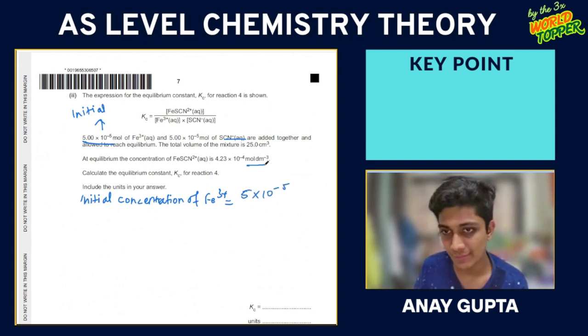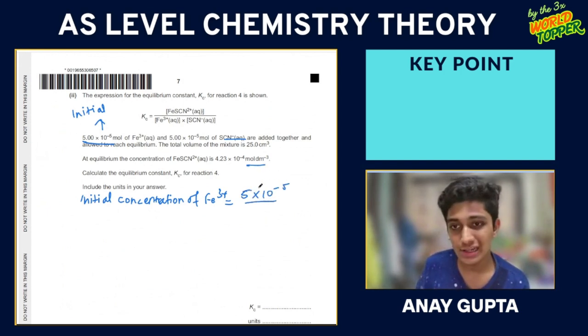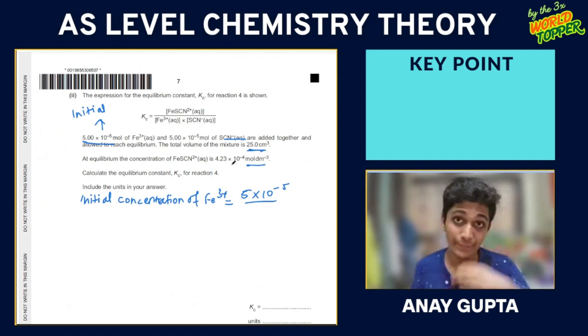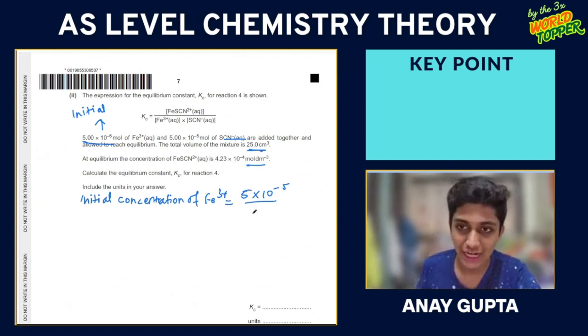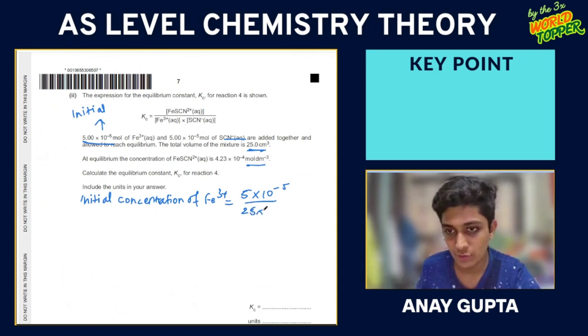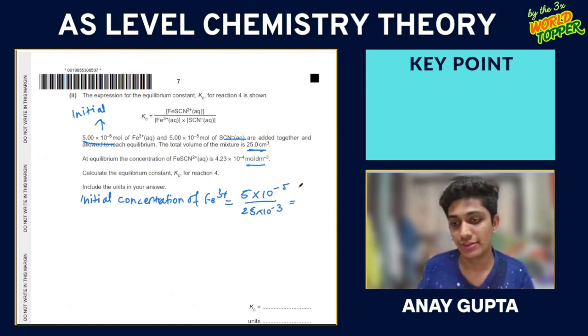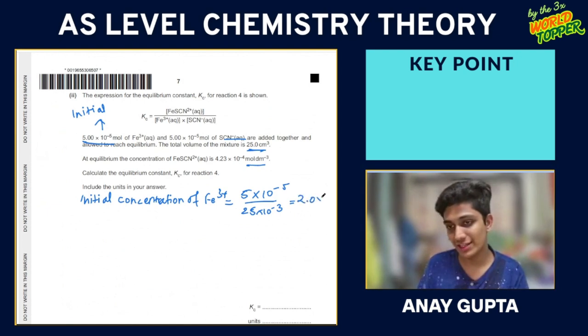Mole per dm cube is the unit, remember. So mole upon dm cube. So I need to convert my centimeter cubes to dm cube. That will give me 25 into 10 raised to minus 3. If I put it into my calculator, that gives me 2.0 into 10 raised to minus 3 mole per dm cube.